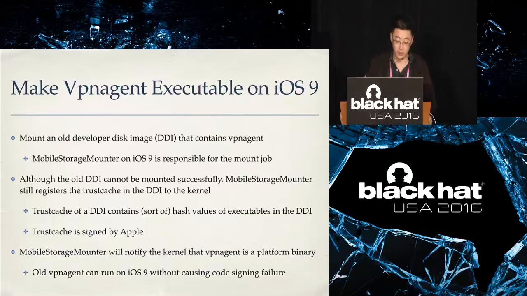What mobile storage mounter did is load the trust cache first and then apply the version check. So even if the old version DDI cannot be mounted successfully, mobile storage mounter has already registered the trust cache into the kernel. So the old VPN agent is executable now. If you run it, it won't trigger any code signature problem.